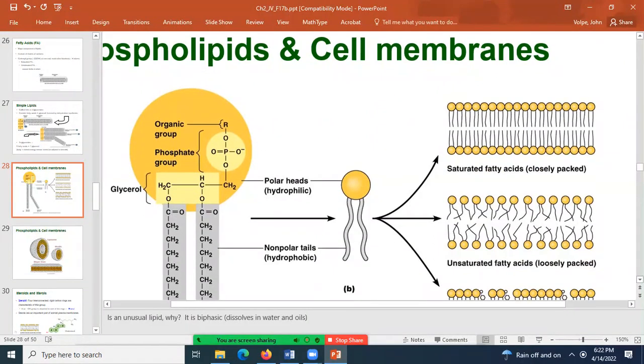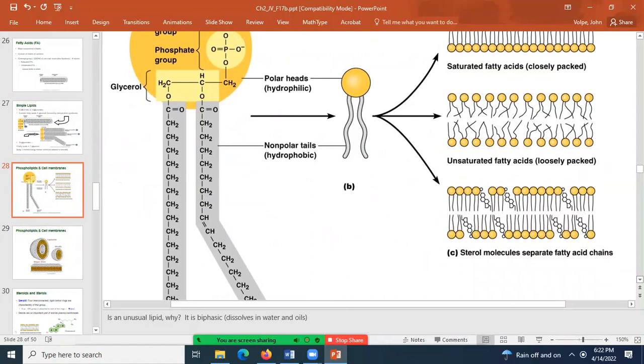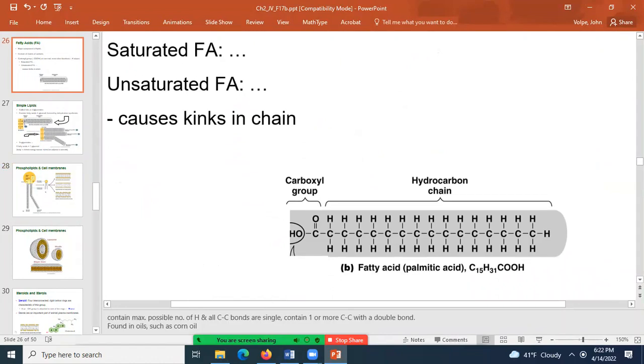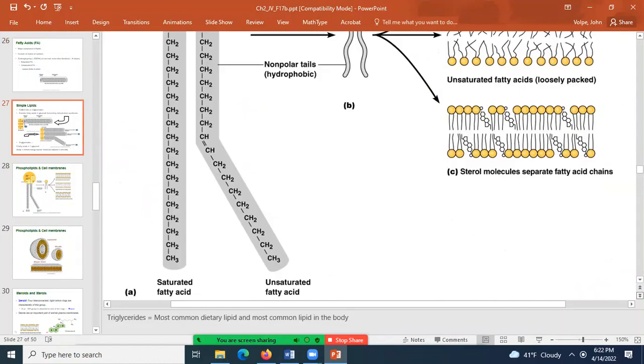There's something else I need to talk about there. All right, because animals only have the cell membrane, they don't have a cell wall, animals tend to put cholesterol in their cell membrane.